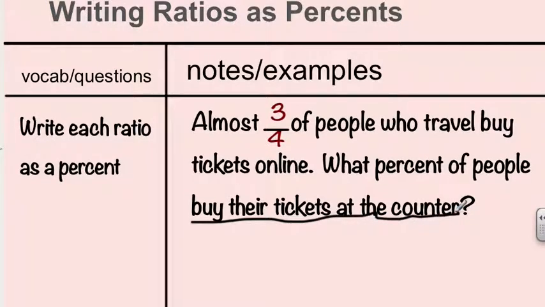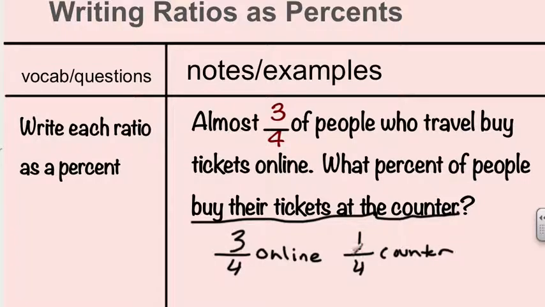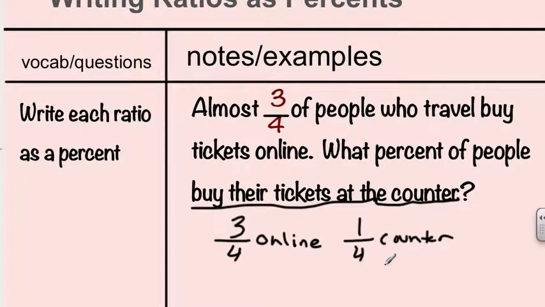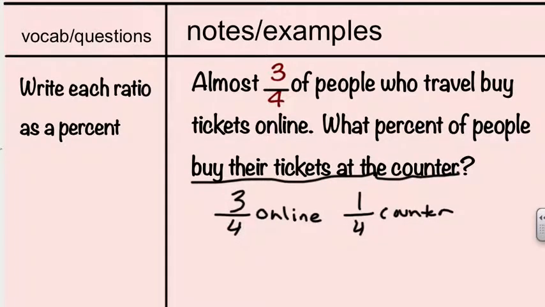No. So if 3/4 are online, what's left over? 1/4 at the counter. So first we had to turn it into the fraction. Now I need to turn that into the percent. I know that the fraction is 1/4, and I know that I need to turn that into 100. So how do I turn this into 100? In this case, I can multiply both by 25, and it would be 25 over 100, or 25%.